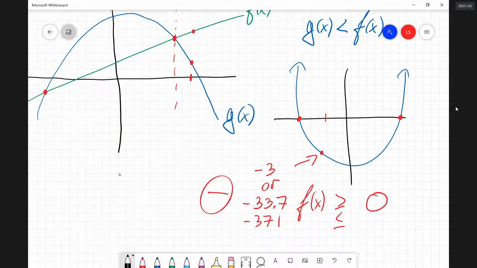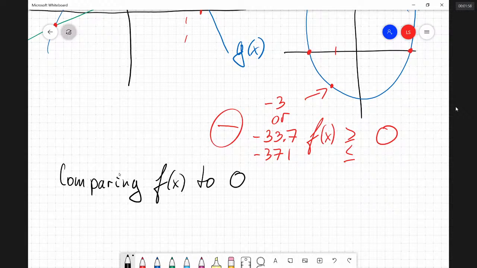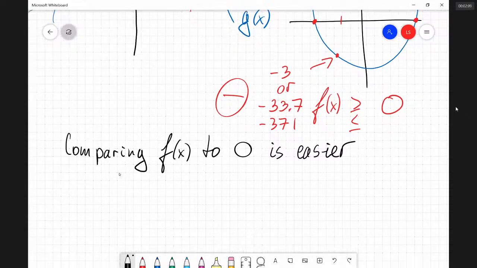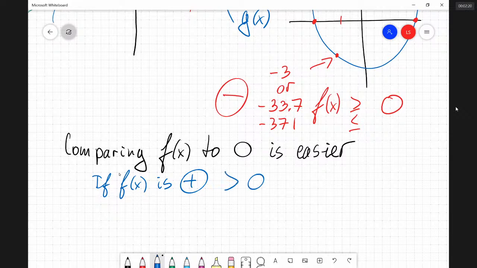Whereas comparing a function value to 0 is easier, because if your function value is positive, well, then you know positive is greater than 0, right?